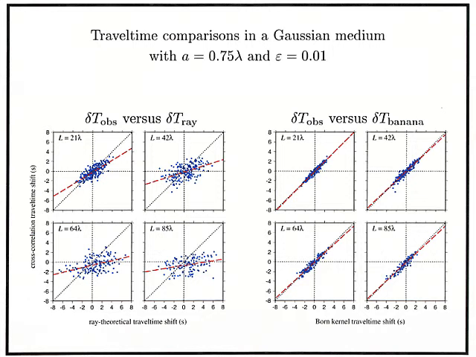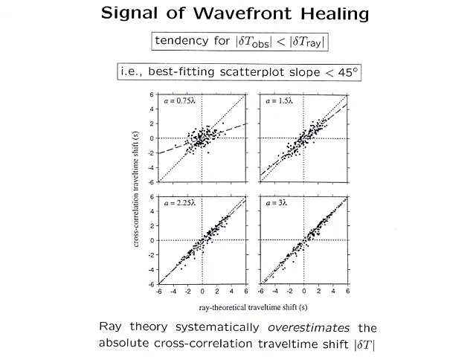And this is the signal in this kind of an experiment of wavefront healing, because that tells you that ray theory systematically overestimates the travel times. And this is, again, this healing phenomenon. Ray theory thinks that waves always remember every place they've been, and they actually forget. So the diagnostic of wavefront healing in one of these random media experiments is the slope of this line.